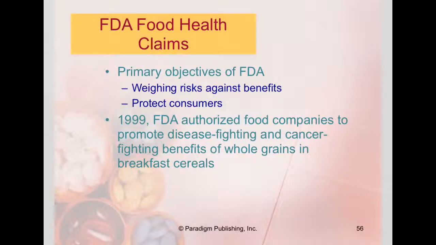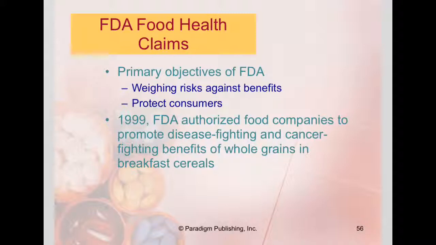FDA food health claims. The primary objectives of the FDA for the food health is weighing risks against the benefits and protecting consumers. In 1999, the FDA authorized food companies to promote disease-fighting and cancer-fighting benefits of whole grains and breakfast cereals.